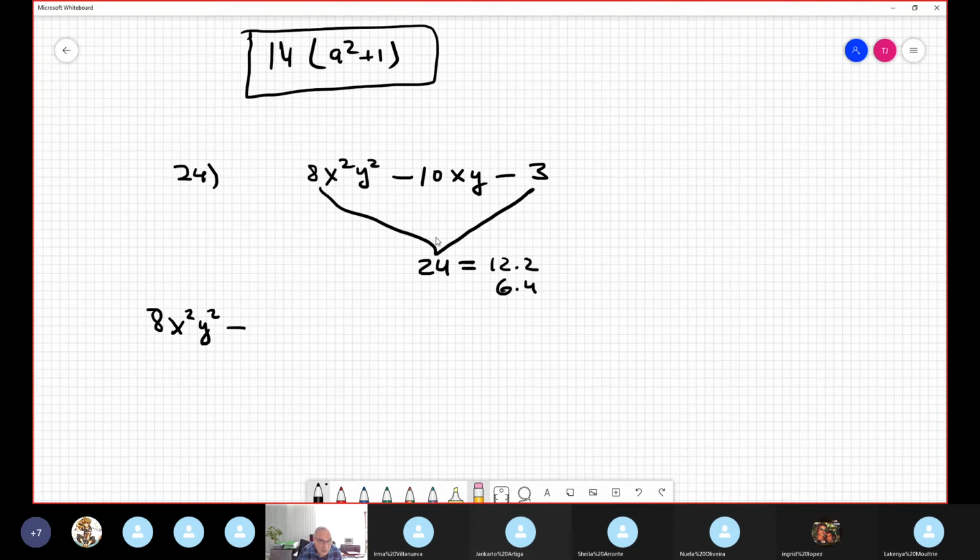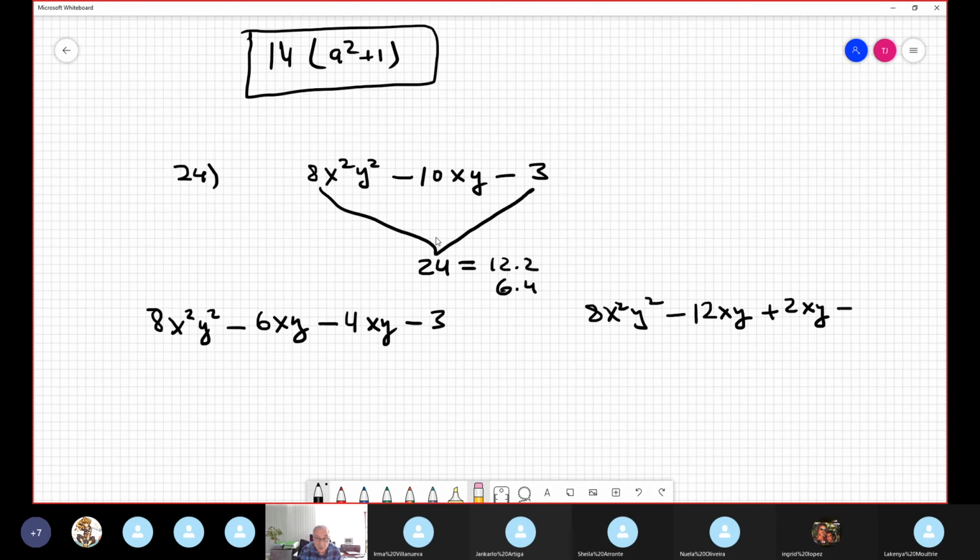Minus 6xy. Remember, I copy only the same variable, no? Minus 4xy, minus 3. And am I doing well or wrong? Okay, another possibility, let me try: x squared, y squared, plus 12, minus 12xy plus 2xy minus 3.